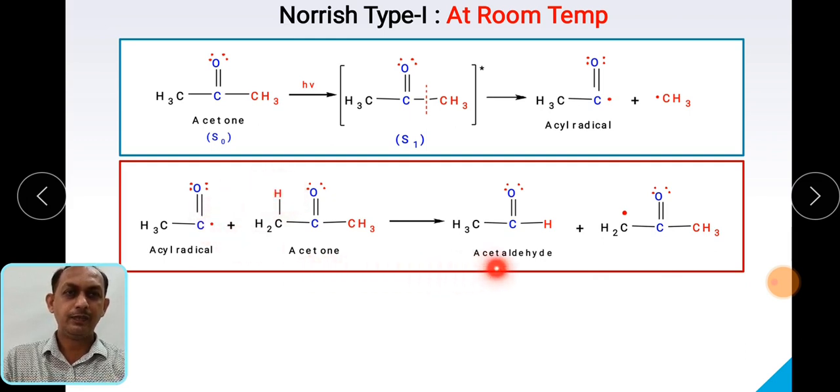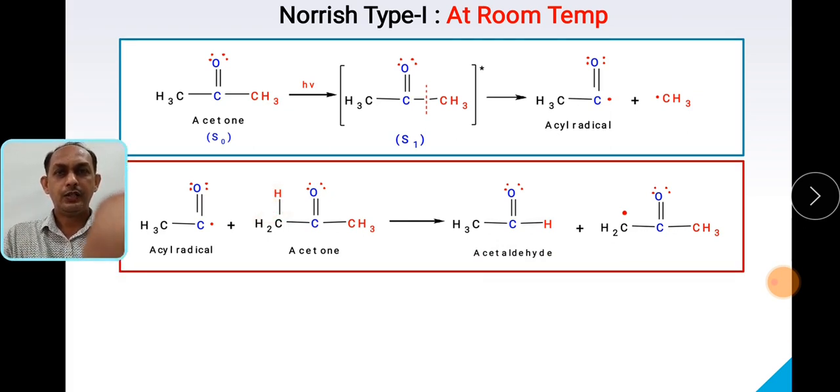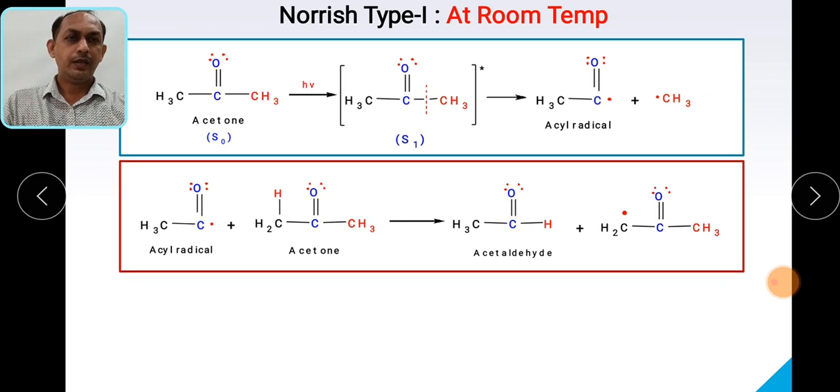As a result, you will get acetaldehyde. You can see this H, the red-colored H, is coming from another molecule of acetone. So this is how you will get the formation of acetaldehyde.